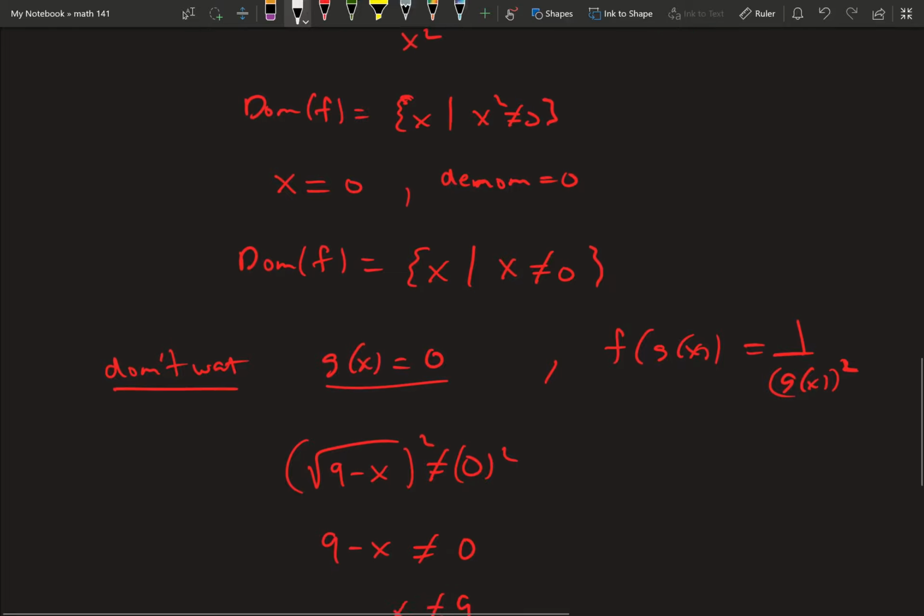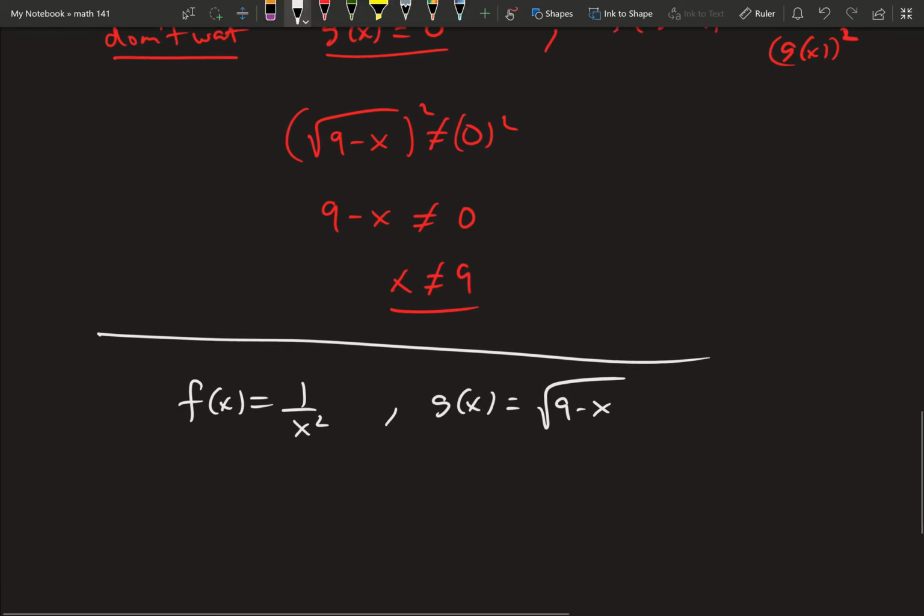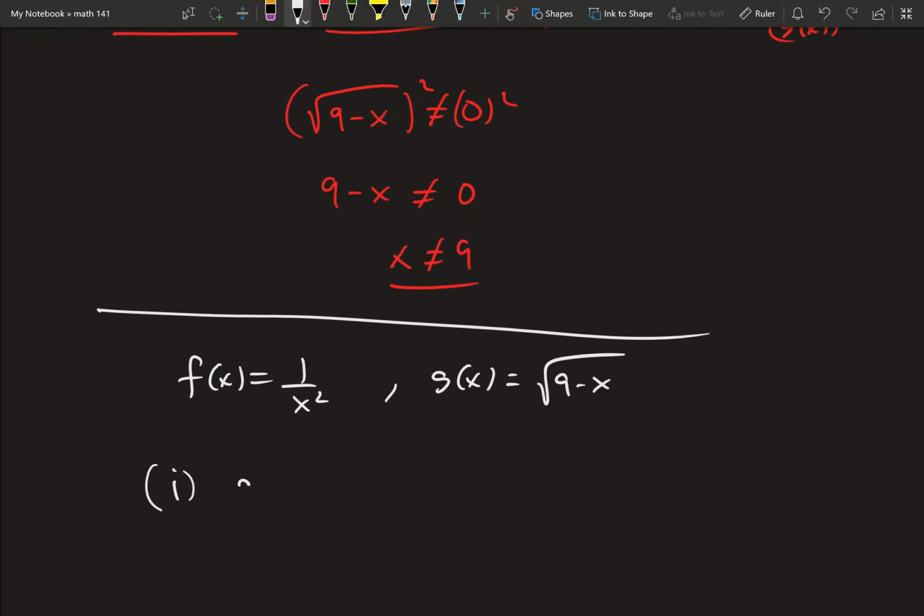Just to do one last, because these can get a little bit involved, let's go the other way. Let's take g composed with f. So we have that g of x is the square root of 9 minus x. Let's compute g composed with f, and then find the domain of g composed with f.